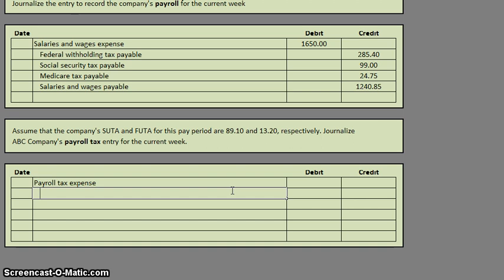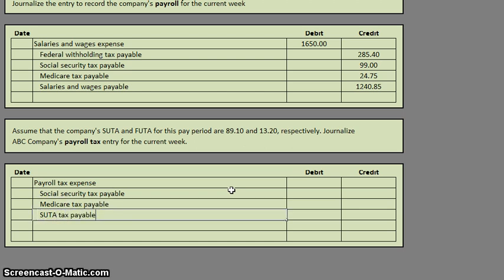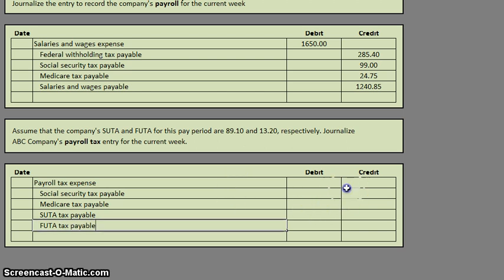So the employer is going to be paying Social Security tax payable, Medicare tax payable, SUTA tax payable, a little redundant there, but that's okay, and FUTA tax payable. So in this case, the employer is going to have to match the employee's Social Security, so $99.